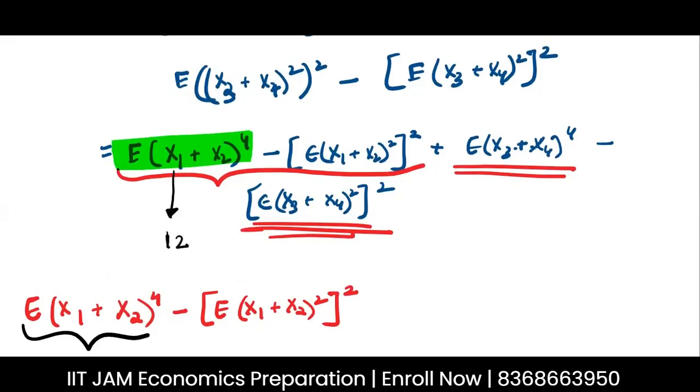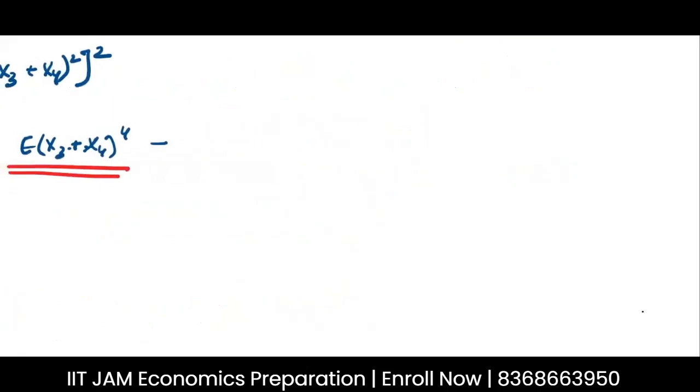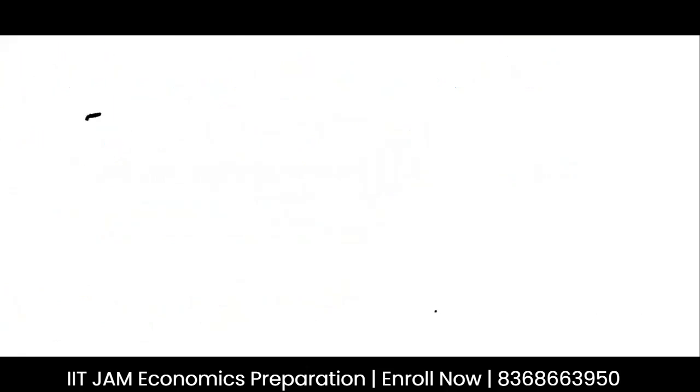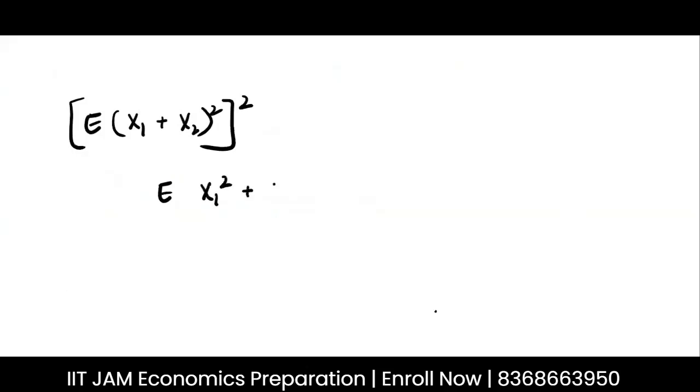Now, let me try and solve this part, E of x1 plus x2 whole square, squared up. So we have E of x1 plus x2 square whole square. This would be E of x1 square plus x2 square plus 2x1 x2 whole square.